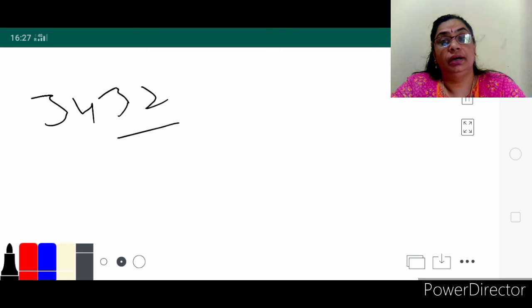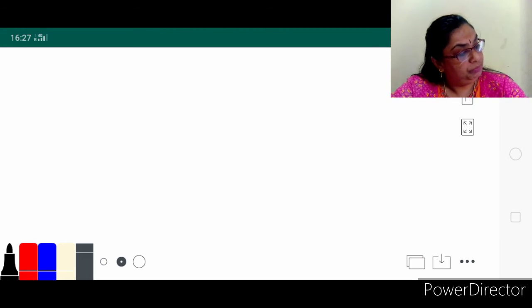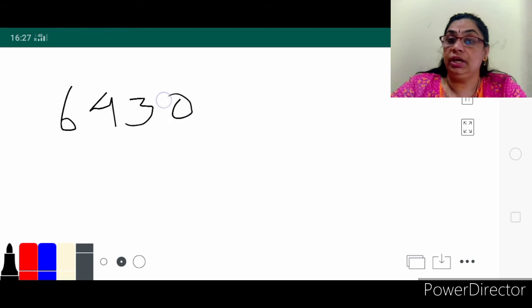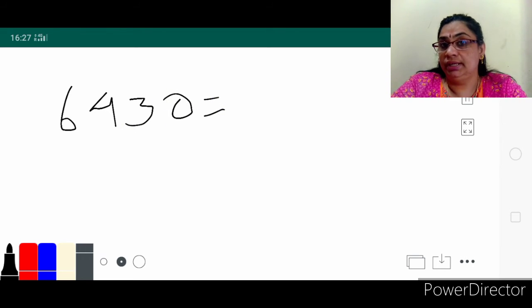Okay, for example, I have shown here the number 6,930. 6,930 has 0 in its ones place. Since it is 0, that number is divisible by 2. Next, we have to see whether this number is divisible by 3 or not.